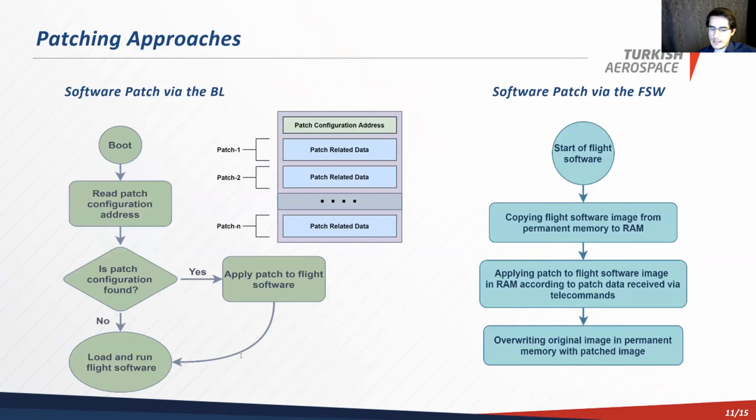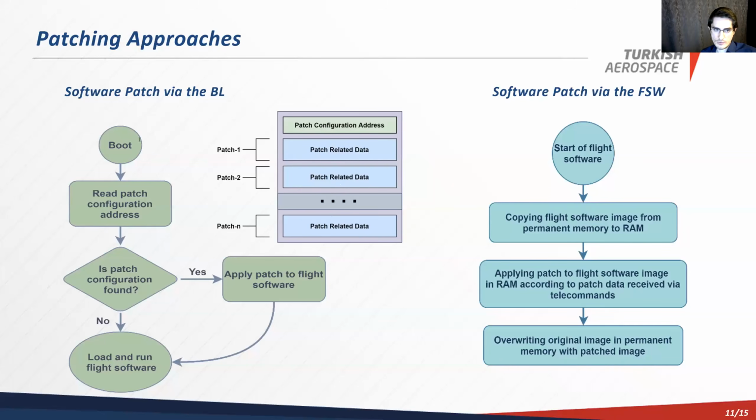All right, now that we have generated our patch data, now we need a way to apply them on our spacecraft. And for this, we have 2 different approaches. In the first approach, we use our bootloader. And here you can see that when using this approach, you can store multiple patches in your satellite. And to manage these, we have a patch configuration address.